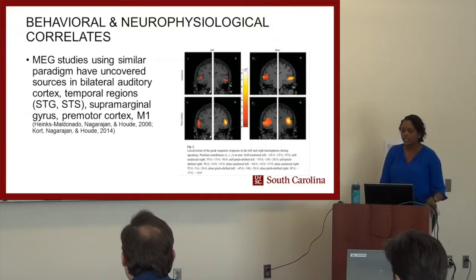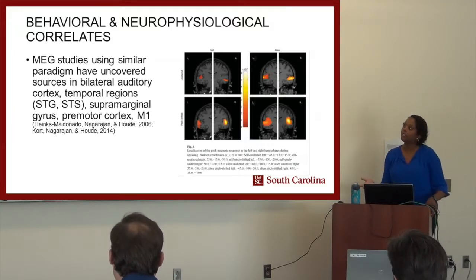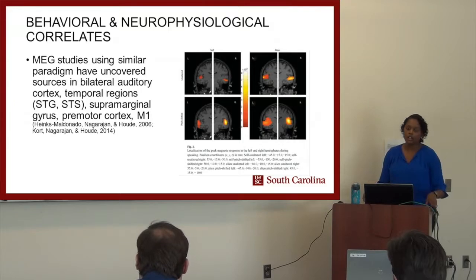So with our controls, we did expect to find some of these same sources, particularly auditory cortex associated with the N1 and detection of the modulation, and then motor and premotor sources associated with the later compensation for the modulation.